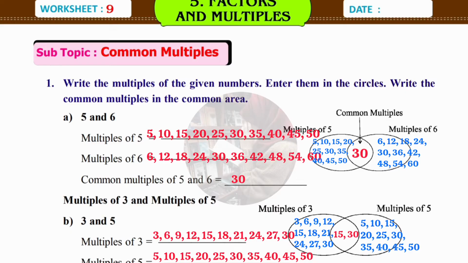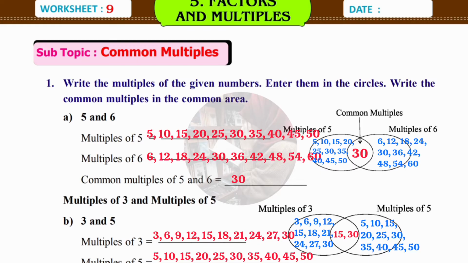Next, multiples of 6 are 6, 12, 18, 24, 30, 36, 42, 48, 54 and 60. If you observe the common multiples, the common multiple is only one, which is 30. 30 is the common multiple of both 5 and 6.